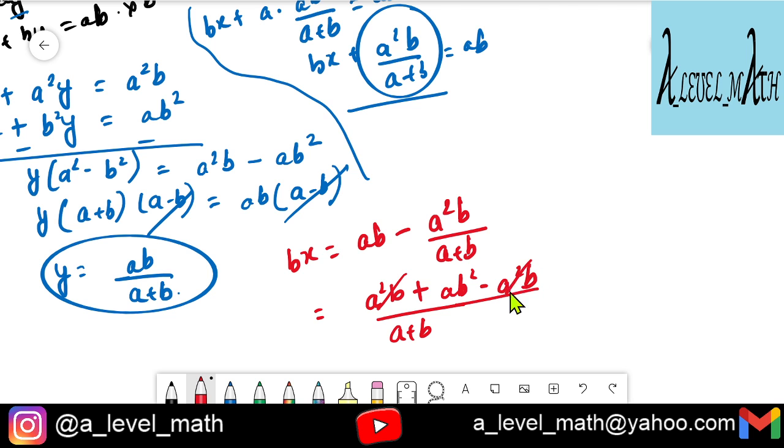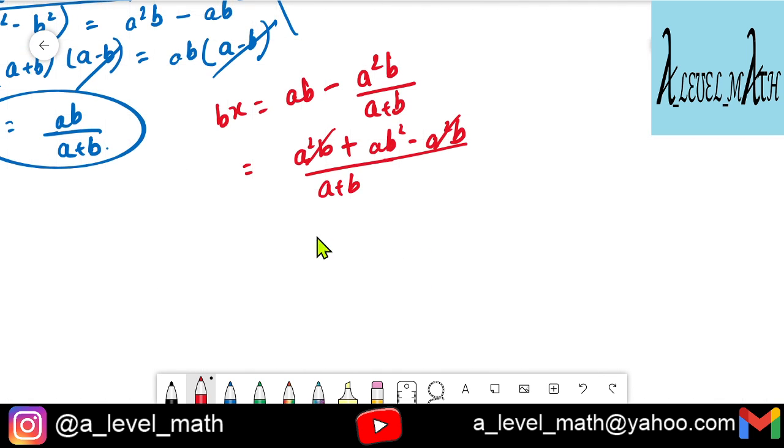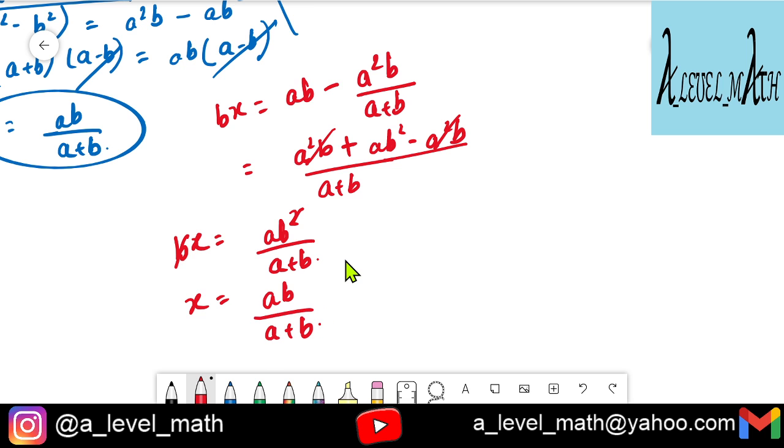A squared b cancels out. So what I am left with is bx is equal to ab squared by a plus b. So x is equal to, I can cancel 1b, so x is equal to ab by a plus b. So this is what I have. I have found out the value of x and y.